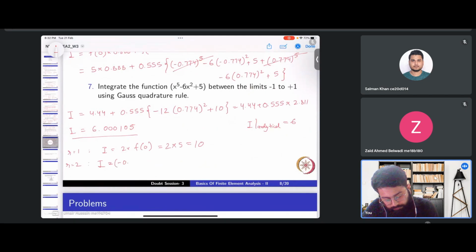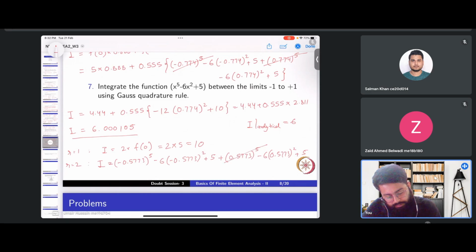So minus 0.5773 to the power 5 minus 6 times 0.5773 to the power 2 plus 5, and again we have 0.5773 to the power 5 minus 6 into 0.5773 square plus 5.